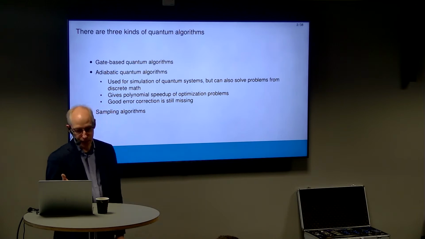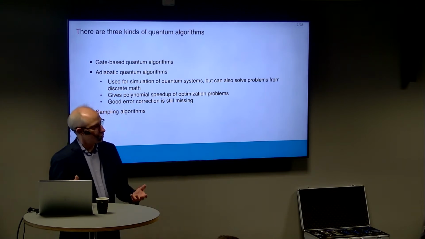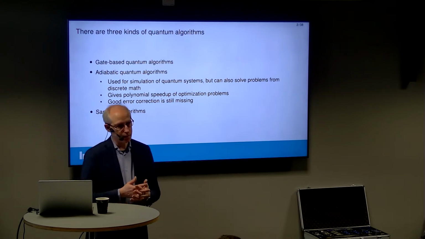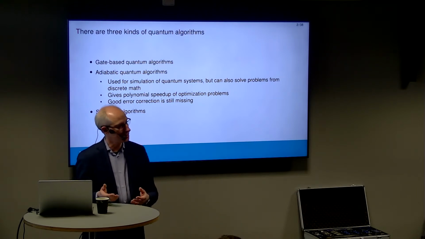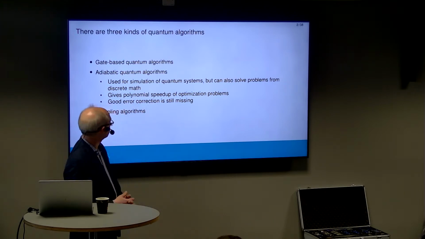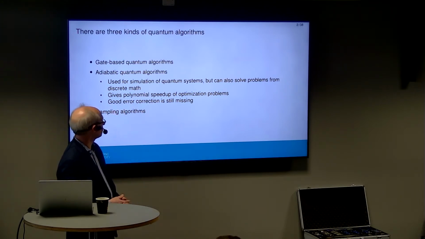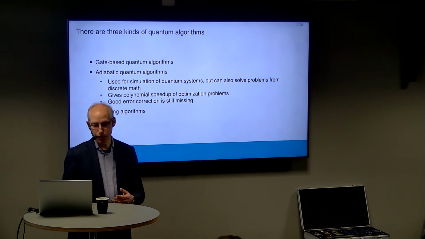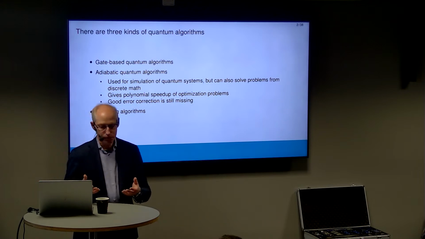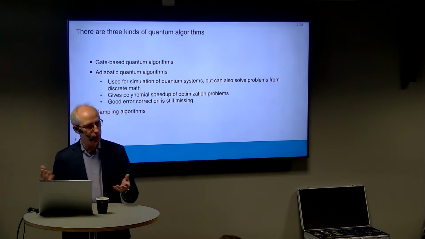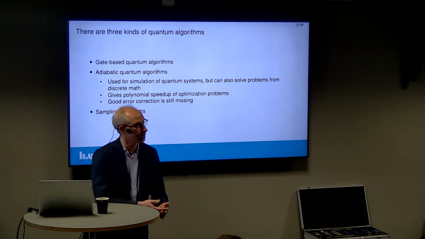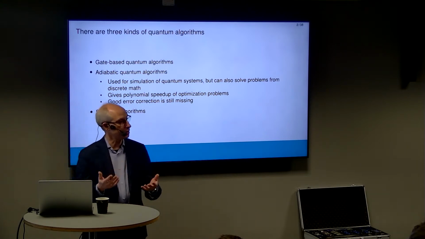Adiabatic quantum algorithms are used more for simulating quantum systems. They can solve problems from discrete math, but then you need to rewrite the problem into that sort of computation regime. It's typically that you have a complicated physical system that you want to calculate some overall property of. You simplify the system and put it into a quantum computer, and you extract the property you needed.